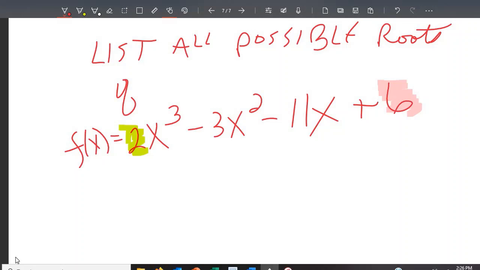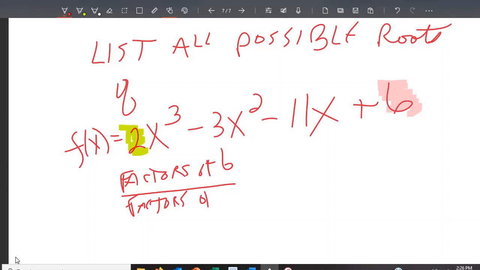You've got to remember to put the factors of 6, the factors of the last number, over the factors of 2. So it's the last number on top and the first number on the bottom.